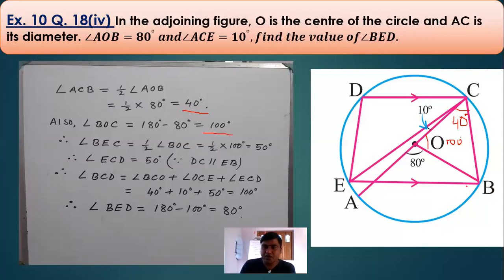So therefore, angle BOC and BEC: angle BOC is the angle at the center and angle BEC is the angle at the circumference formed by the same arc BC. So angle BEC equals half of angle BOC, and half of 100 degree is 50 degree.